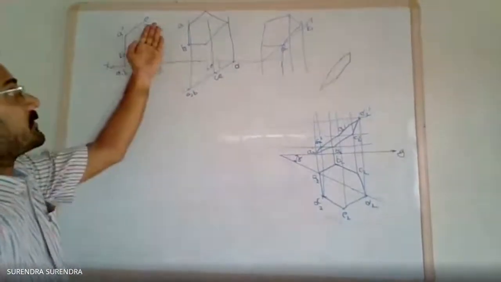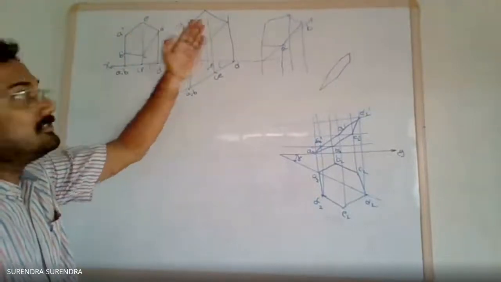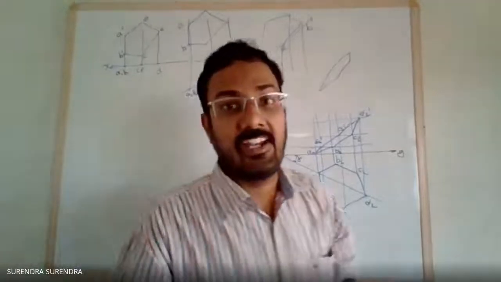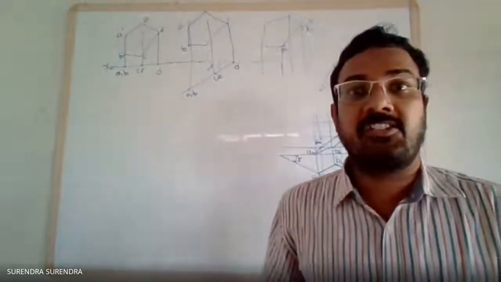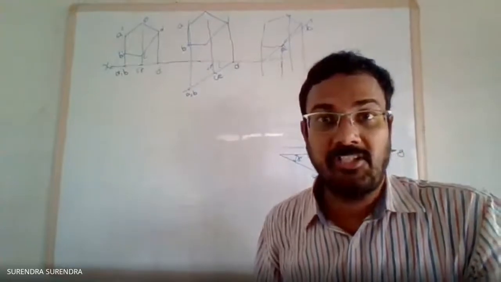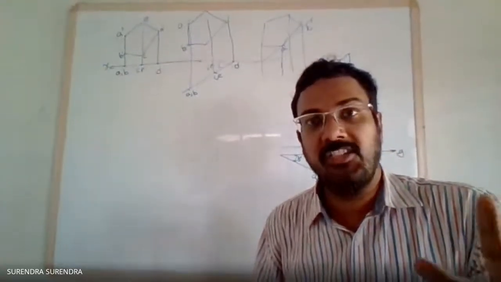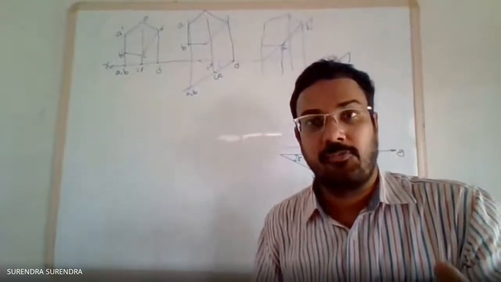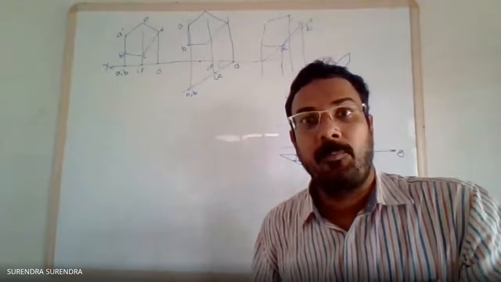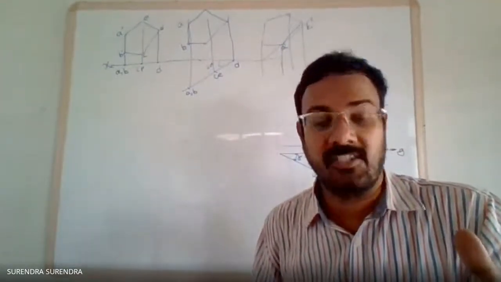Next, identify the orientation of the polygon, whether it is a corner based problem or an edge based problem. If it is an edge based problem, we rotate the pentagon this way; if it is a corner based problem, we rotate about this line. So we have to decide in which direction to tilt the polygon, based on the edge or the corner. That is important. If you follow only these two things, the complete surface inclination to both the planes is completed.